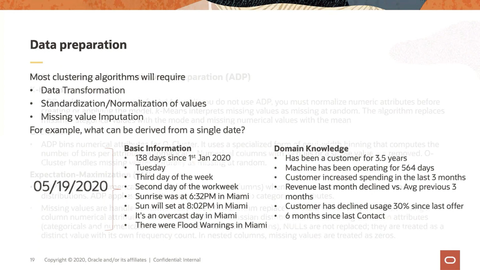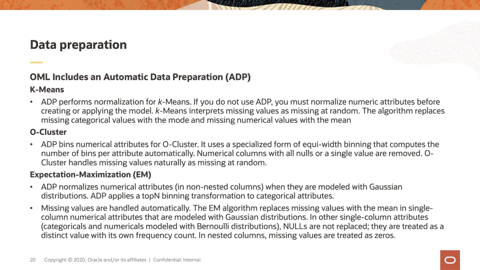For the specific data preparation on Oracle Machine Learning, the different algorithms perform and require a few different things. So for k-means, the automatic data preparation basically normalizes all the numeric values before applying that. And again, that's because, if you remember from regression, we were talking about the sensitivity to outliers.